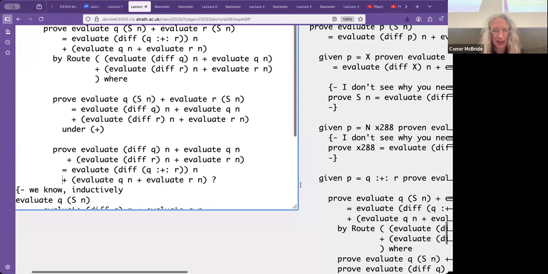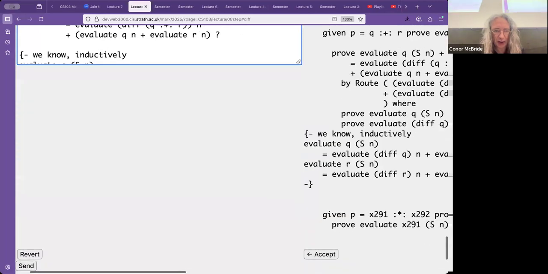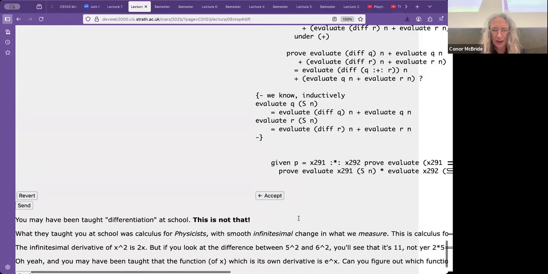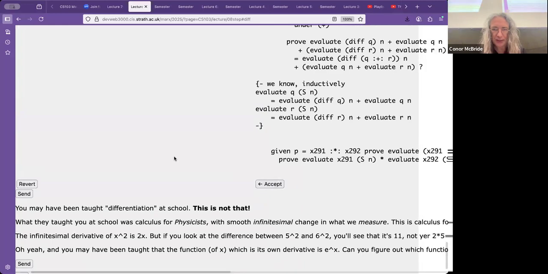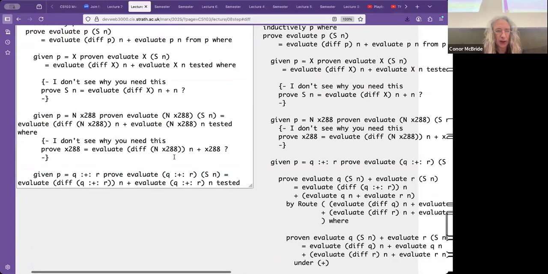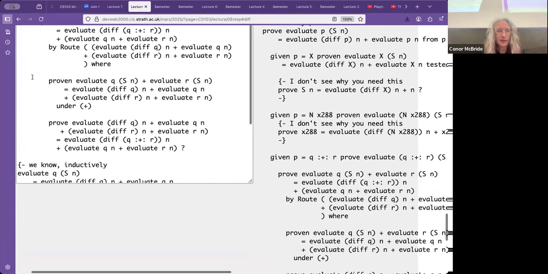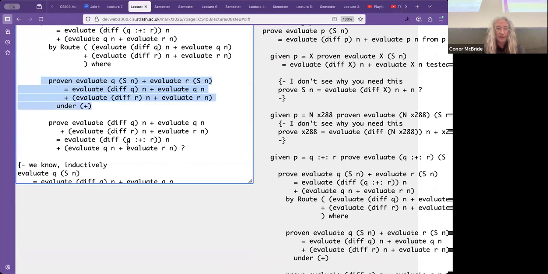So I'm going to press send just to get that under plus thing out of the way. Then I'm going to hit accept. So this thing was just using the induction hypotheses to justify the move we made, and now we're at the bone. Okay.